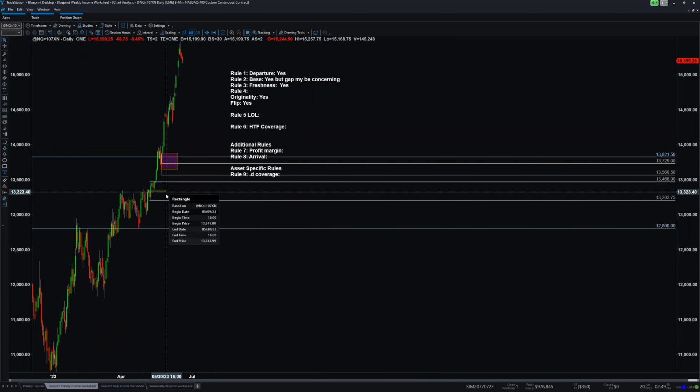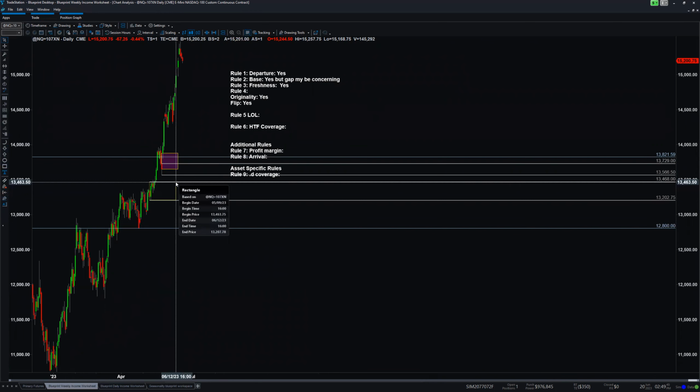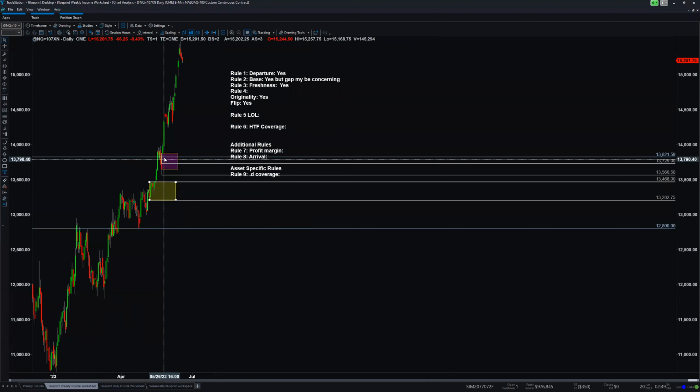And now I may have too many candles in the base here. Do I care? No, I don't. Right? Why don't I care? Because I already tested my base rules here. Here I'm going lower. I'm just having additional coverage. So I don't care if my level down here doesn't meet any of those rules. I don't care because my upper one already did, right?